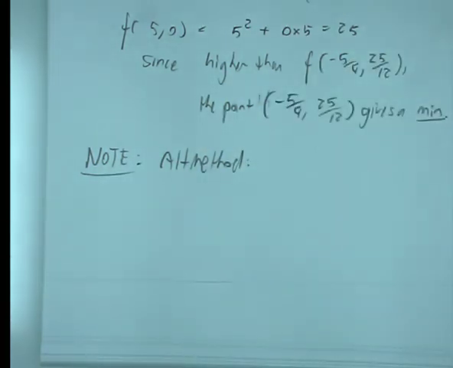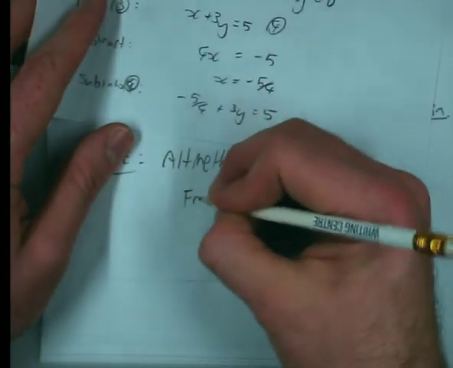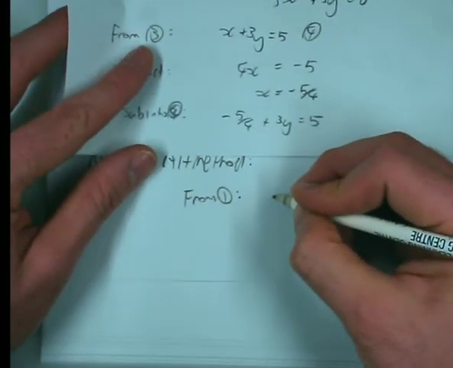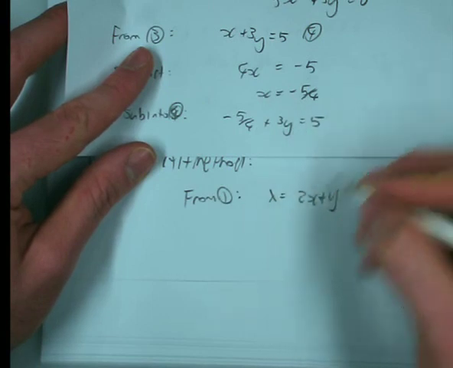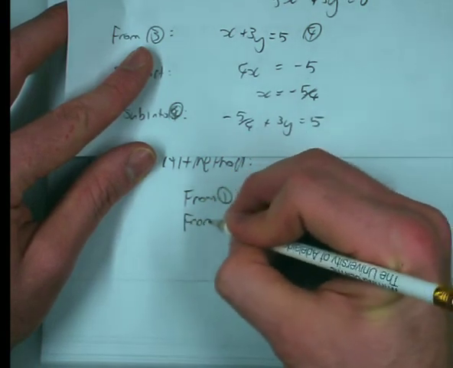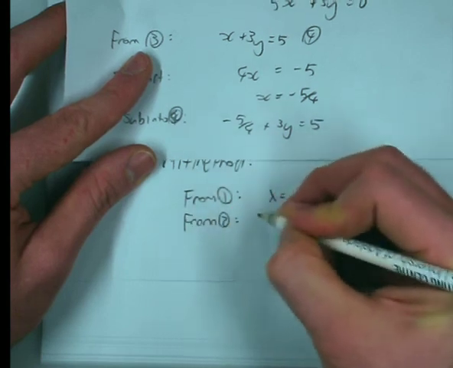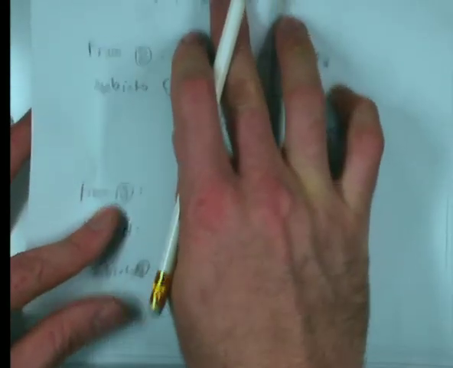Back when I had my three equations, from 1, I get that lambda equals 2x plus y, and from 2, I get that lambda equals x on 3.